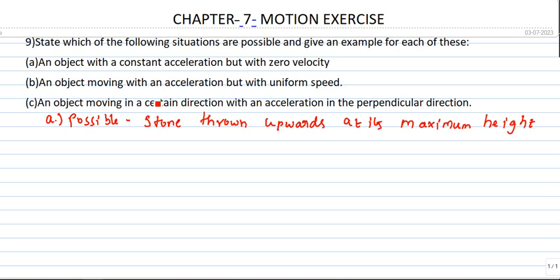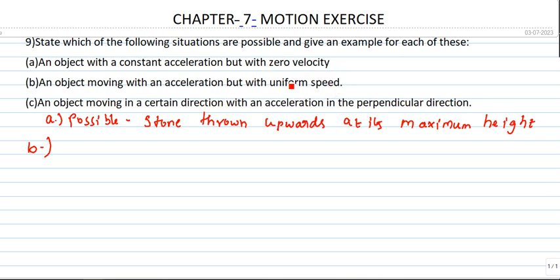At this point we have constant acceleration, which is acceleration due to gravity, and zero velocity. So the next condition is an object moving with an acceleration but with uniform speed.